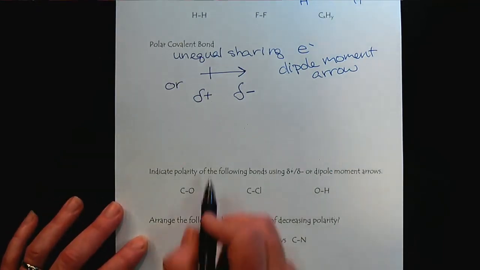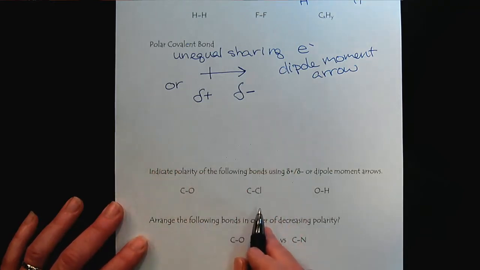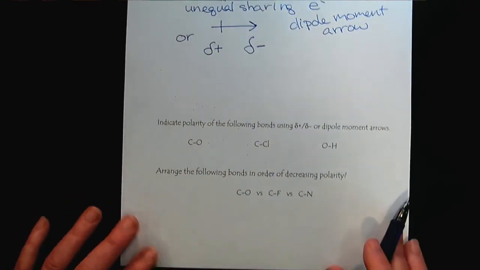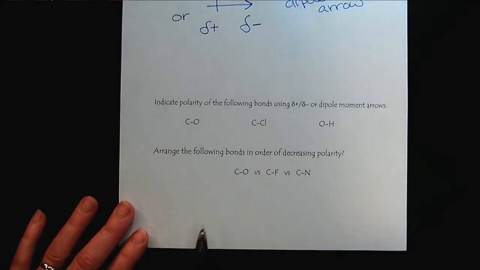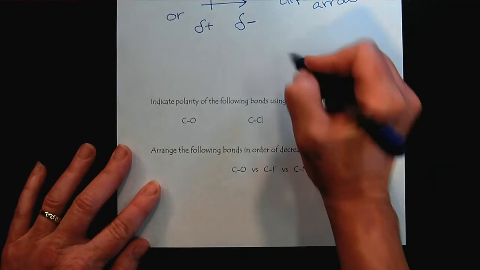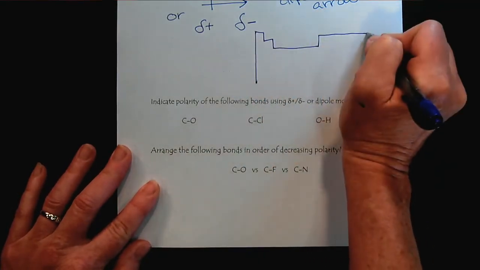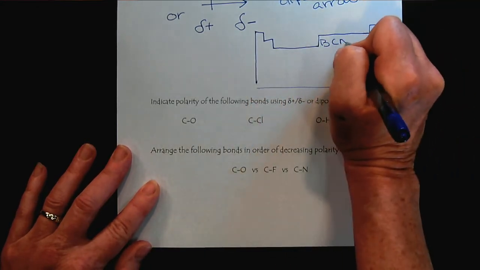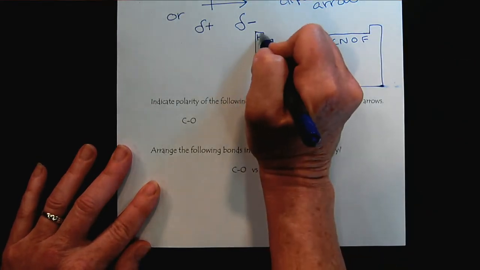And so this is where we have a difference in electronegativity. When we look at these examples, the first thing we want to do is practice our trend. If we have carbon and oxygen, maybe I'll just draw a periodic table right here. And then here's our buddy hydrogen.